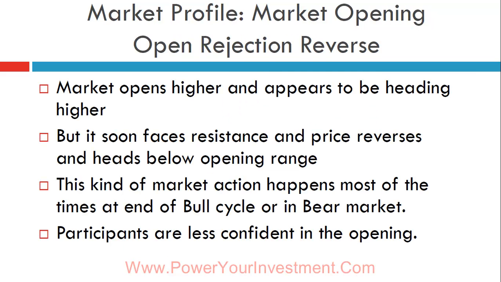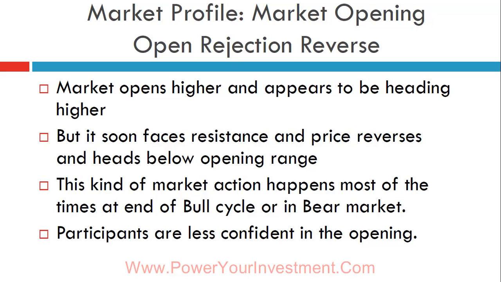Now open rejection reverse, I've already said that this kind of opening happens in bear markets more often, when volatility is high, because look, a market won't just gap up and immediately start going down in 2-3 periods. It only happens when the volatility is high and uncertainty is more.